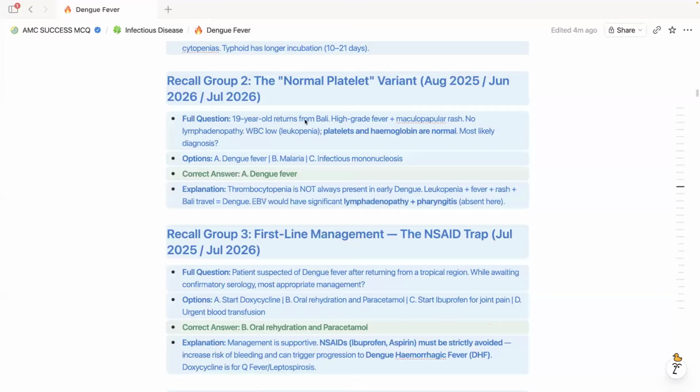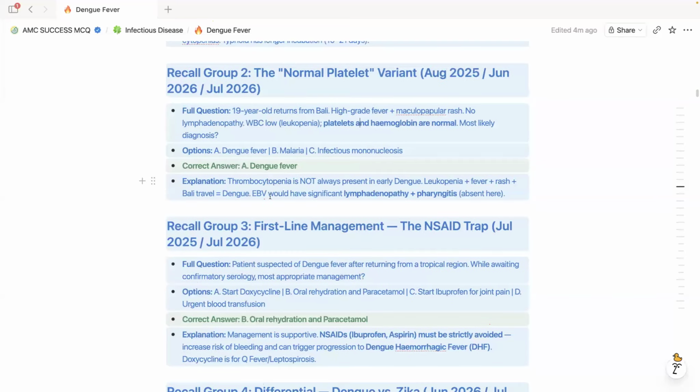So we think about Bali, 1, red flag, high fever, 2, maculopapular rash, 3, low WBC, 4, platelets are normal. Platelets can be normal in the early stage. So that is dengue, because thrombocytopenia is not always present in early dengue: leukopenia, fever, rash.